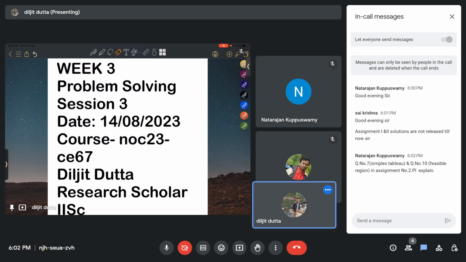Question number 7, simplex W. So what is the doubt in question number 7?